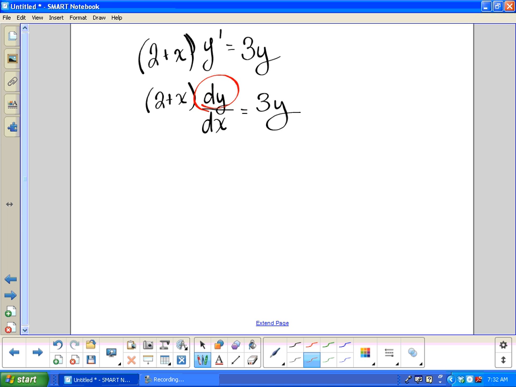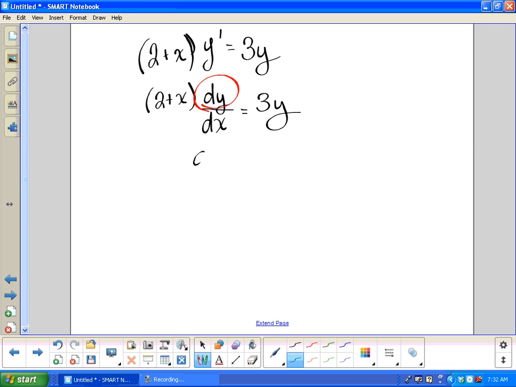This constant 3 here can stay wherever you want it to be. You can leave it on the right-hand side and just divide by y, or you can divide by 3y. It's not going to change your answer in the end. So let's go ahead and move the dx and the 2 plus x over and move the 3y over.